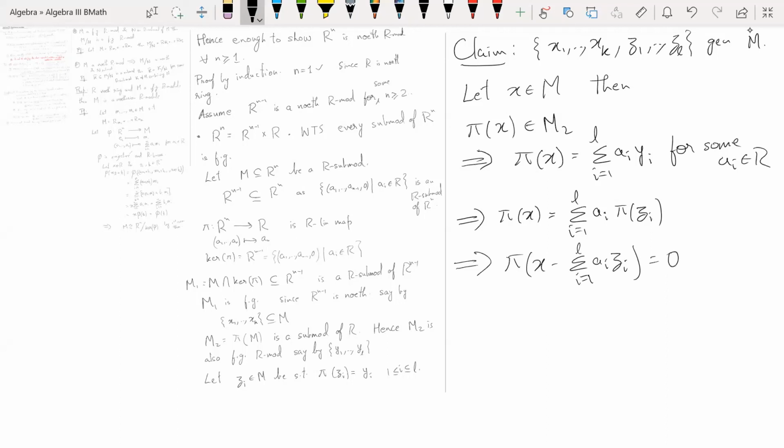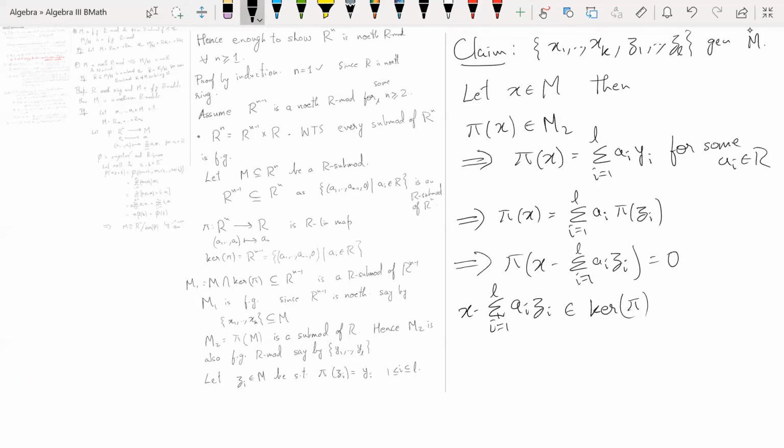So what it tells us is that this x minus the summation of ai zi, i equals 1 to l, is in the kernel of pi, because it maps to 0.